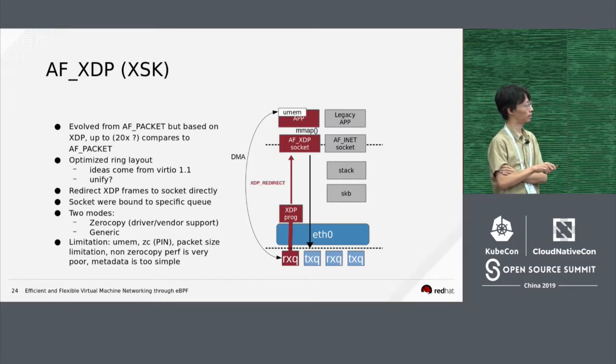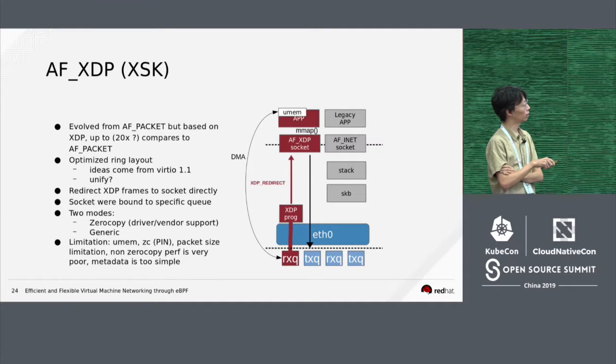It means that it has its own ring layout, and it's attached to the specific line for packet receiving and sending. It doesn't rely on XDP. And based on the original patch, it can have a 20 times performance increase.